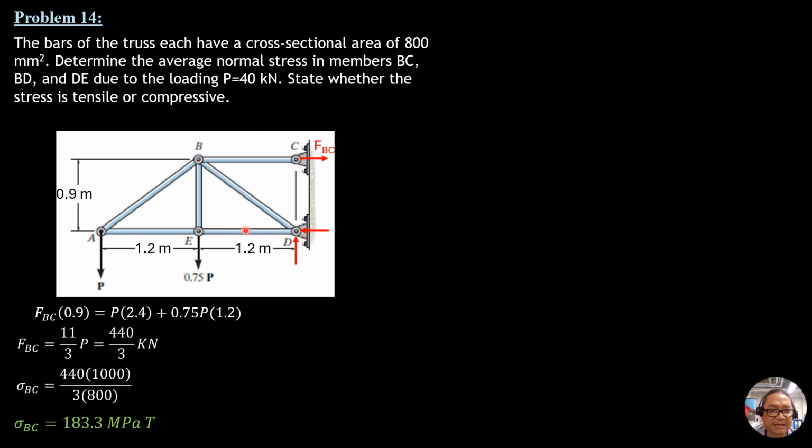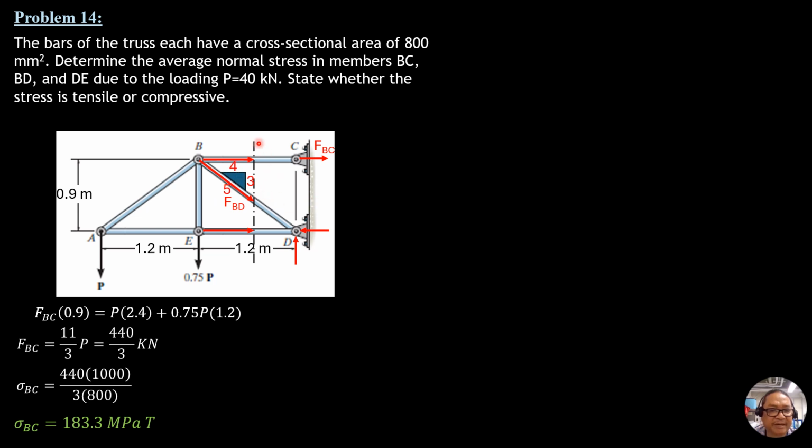So let's cut the truss here, this panel, and the FBD would be assumed tension. That's FBD. The slope of BD would be 0.9 vertical, 1.2 horizontal, which can be made 4 horizontal, 3 vertical, so 5 hypotenuse.